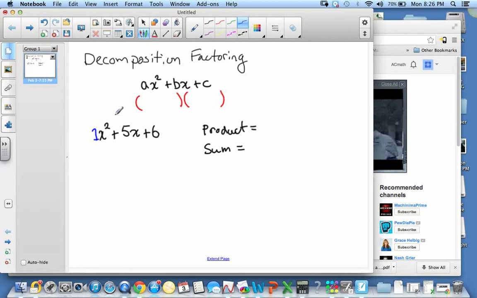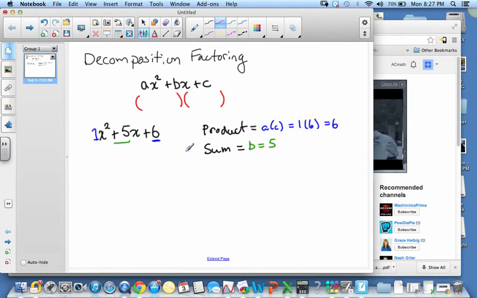You multiply the a value times the c value. So really, it's a times c. In this case, 1 times 6, or 6. Easy. The sum part is the coefficient of the linear term, the x term, in other words, the b value. In this case, straight up 5. You've got to pay attention to the signs as well, right? So this is positive 1 times positive 6, and our sum, or our b value, is positive 5. So signs are important here.